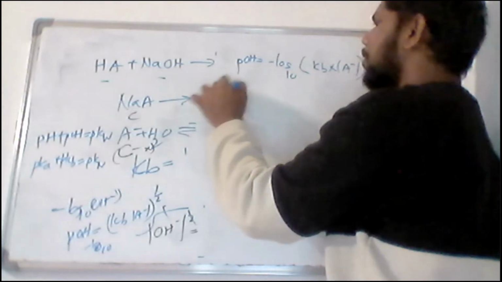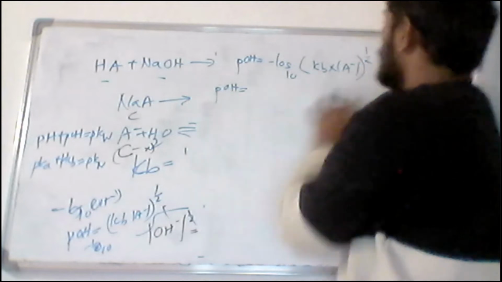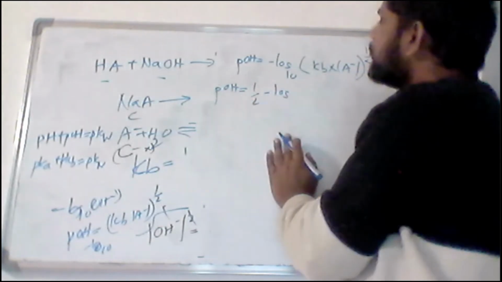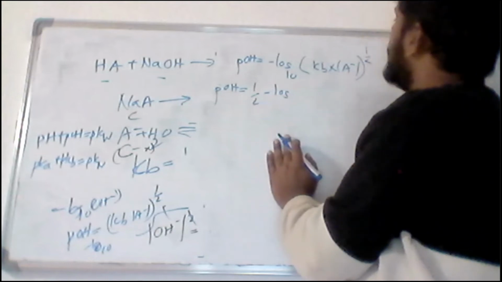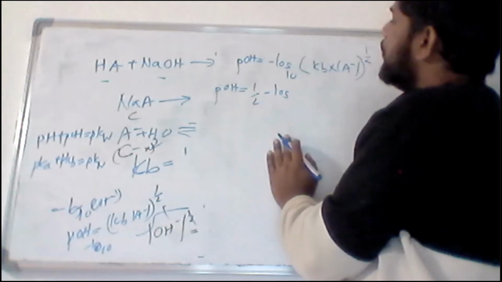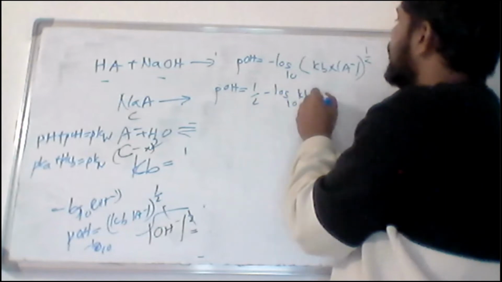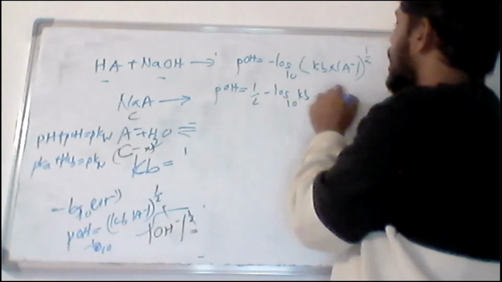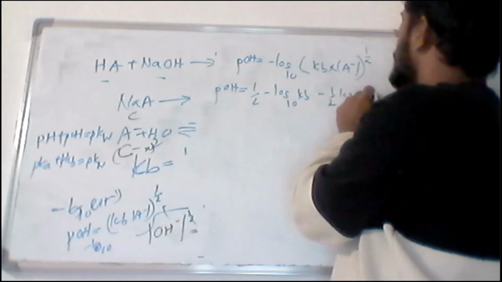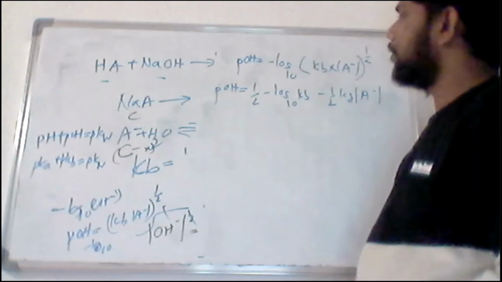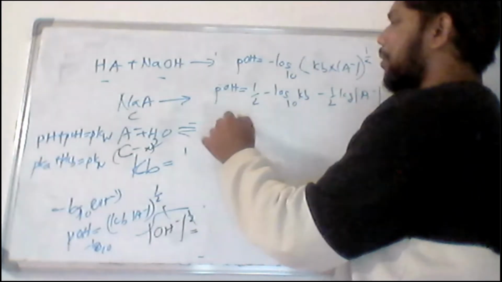Okay, so pOH is equal to half. I can take half in front: half minus log Kb minus half log A minus concentration. So this could be pOH.